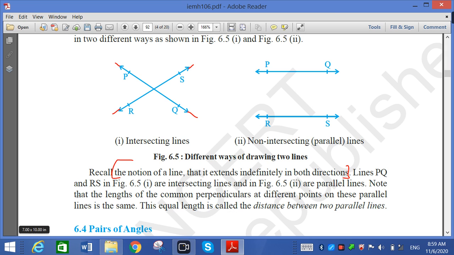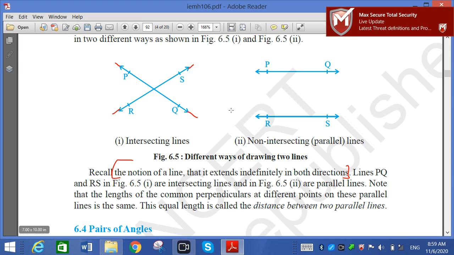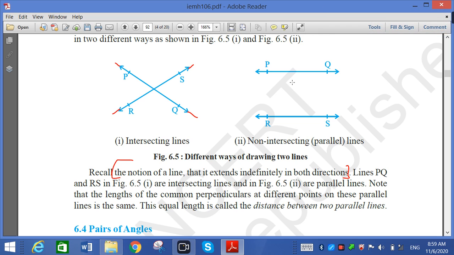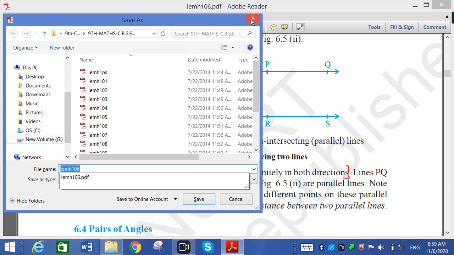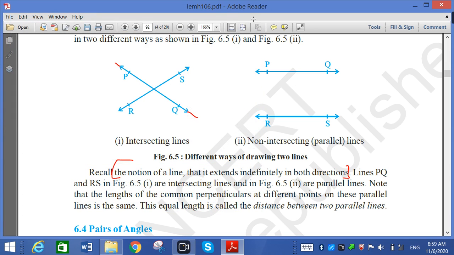Line PQ and line RS in figure 6.51 are intersecting lines, and in figure 6.52 they are not. So two definitions: intersecting line and non-intersecting line. The length of the common perpendicular at different points on these parallel lines is the same. That is important for us.